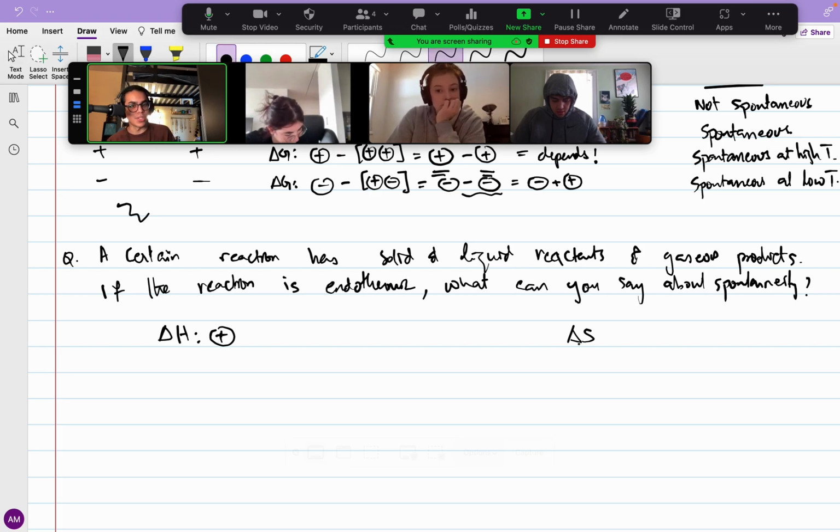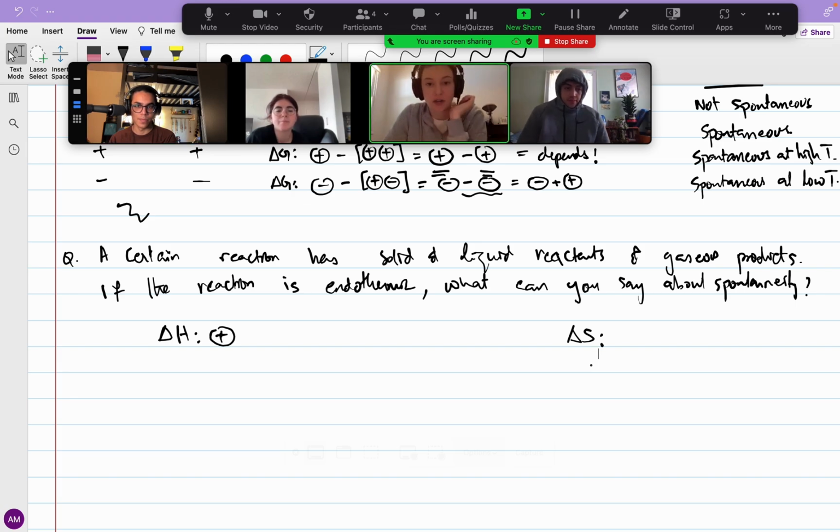Delta S, a little more tricky. Is the entropy going up or down here? Grace, what do you think? No, is the entropy going up or down, if the reactants are solid and liquid, and the products are all gas?